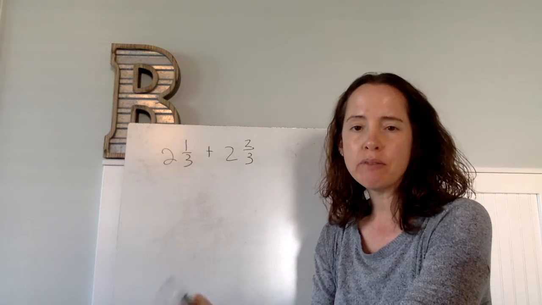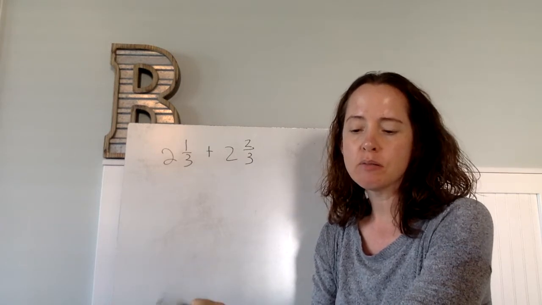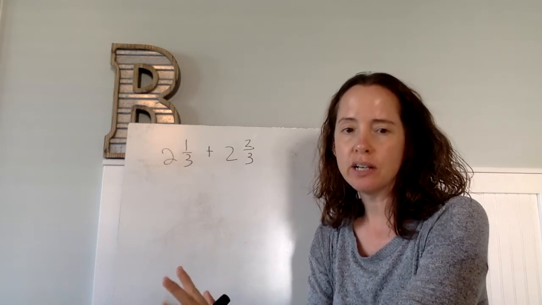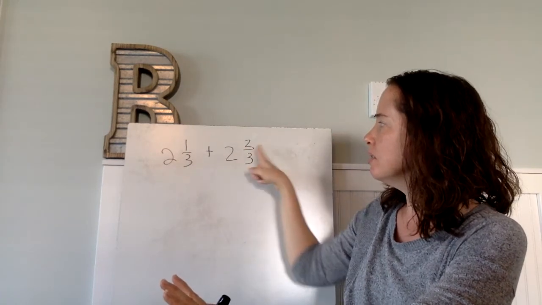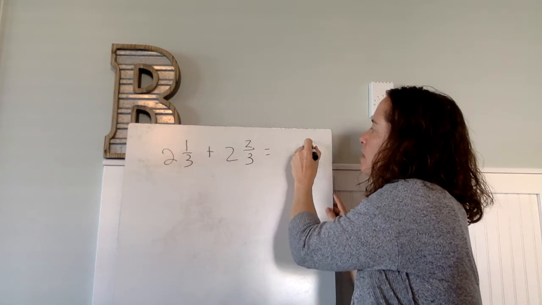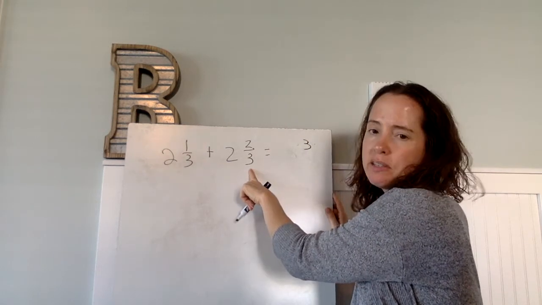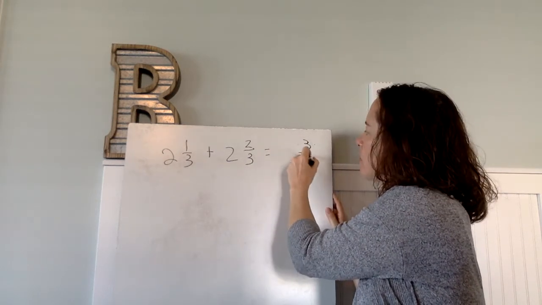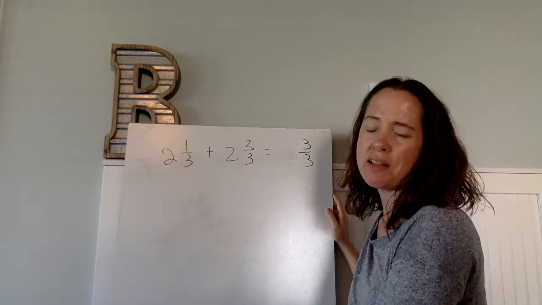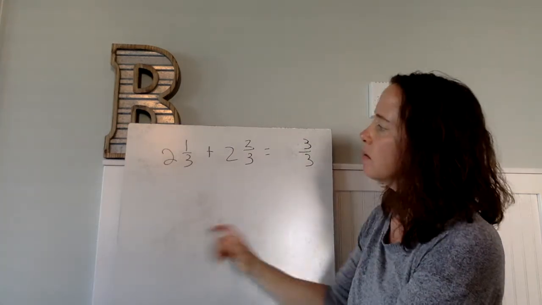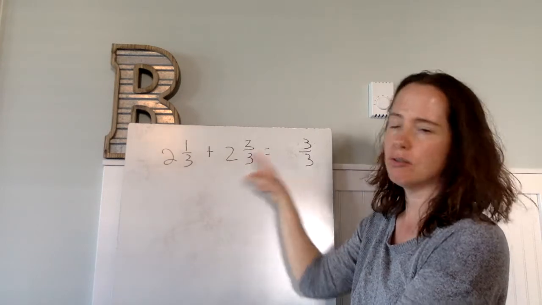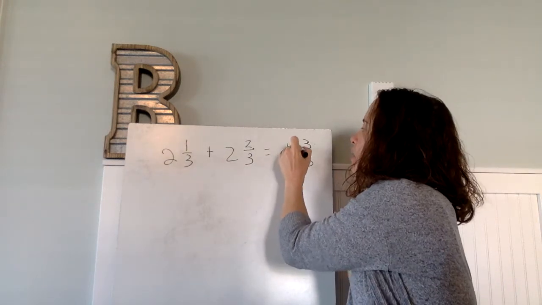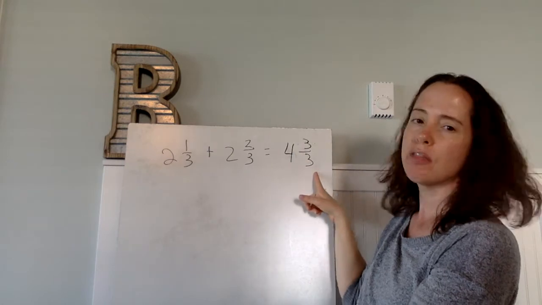If we remember the rules of adding fractions, we only add the numerators. The denominator stays the same. So 1 plus 2 equals 3, and we keep the denominator as 3. So we'll have 3/3. That's the fraction. Then we add the whole numbers. 2 plus 2 equals 4. So we have 4 and 3/3.